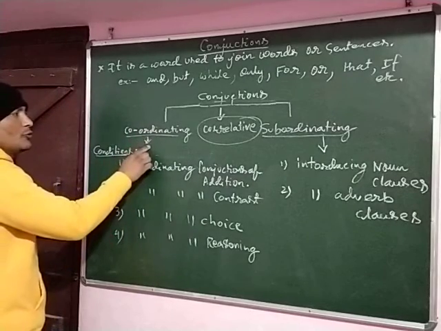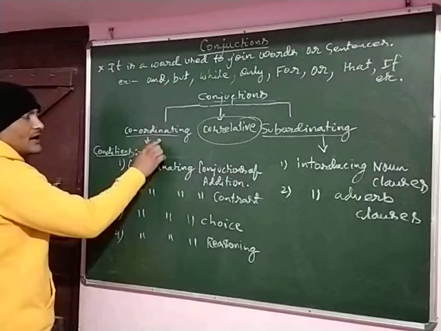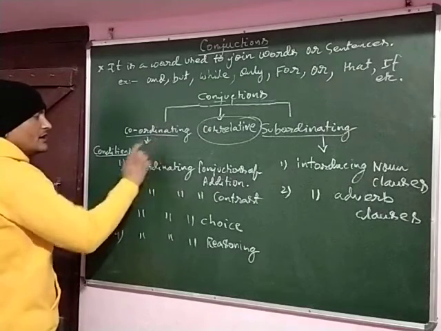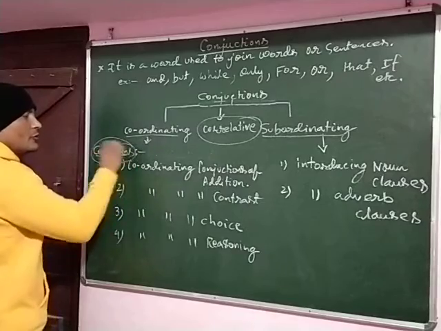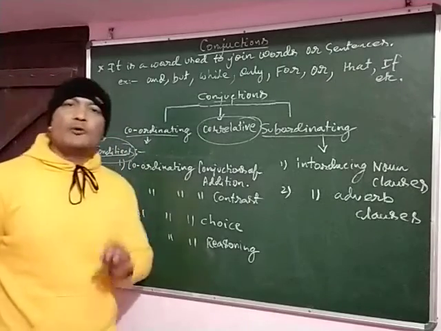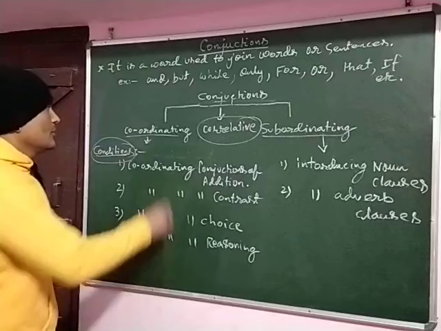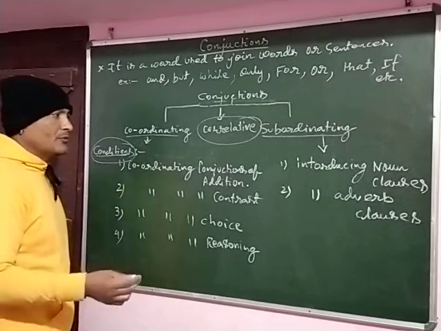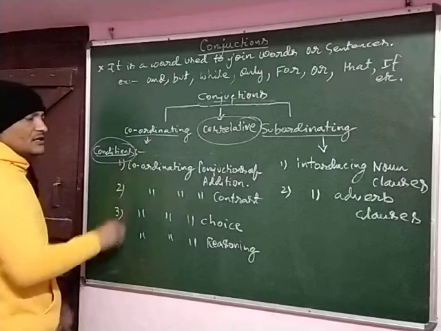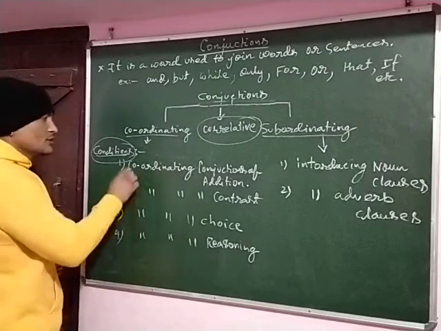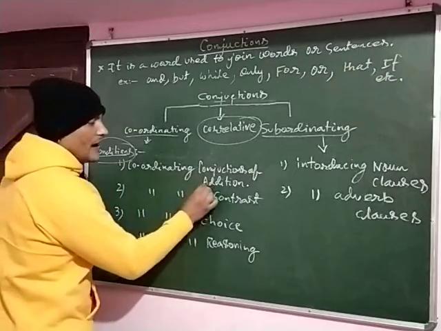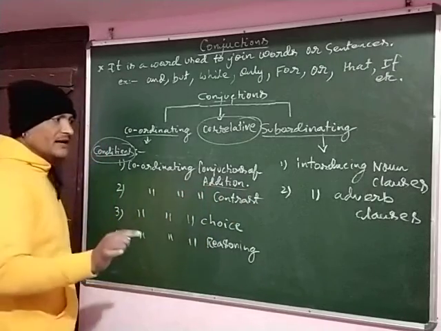To identify a coordinating conjunction in a sentence, we have to follow some conditions. First, we have to follow the conditions in what way we have to use coordinating conjunctions. First, a coordinating conjunction is used for addition in a sentence.